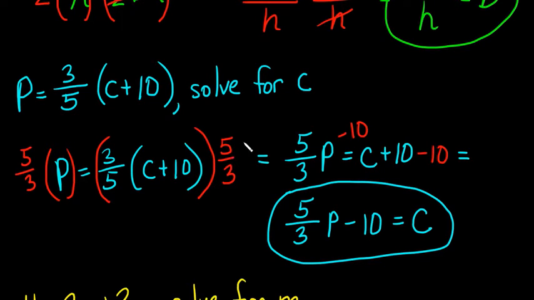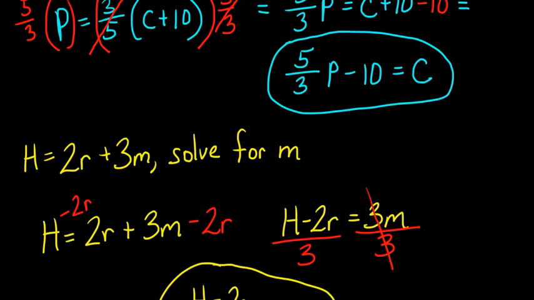That cancels out, becomes 1, but I have to multiply the P on the other side by the same thing to keep everything nice and fair and equal. So I end up with 5/3 P equals C plus 10, and I need to get C by itself, so I subtracted 10 from both sides. So now I've got 5/3 P take away 10 equals C. So there's my C all by itself.